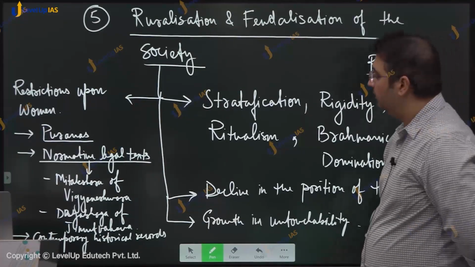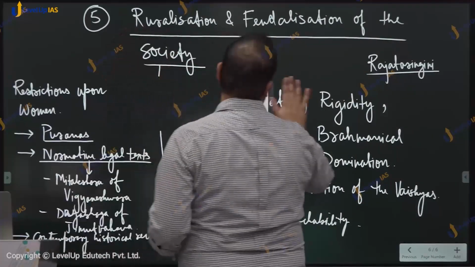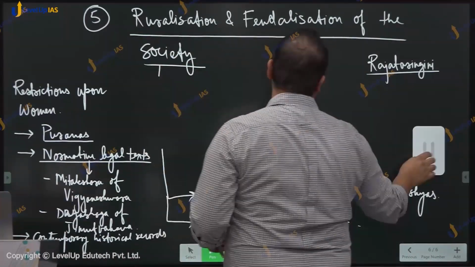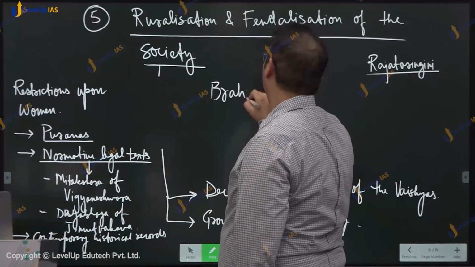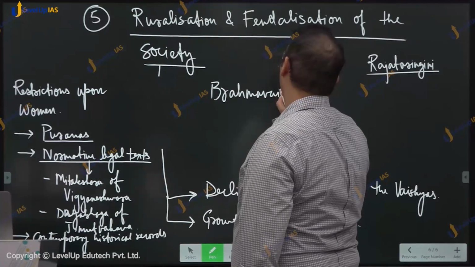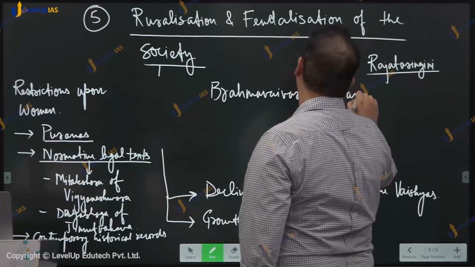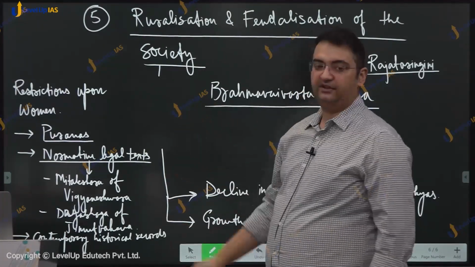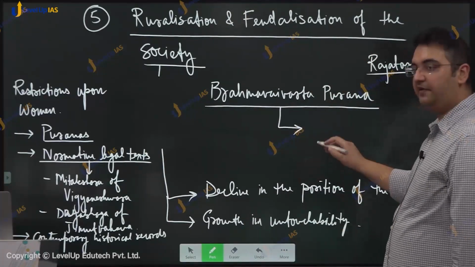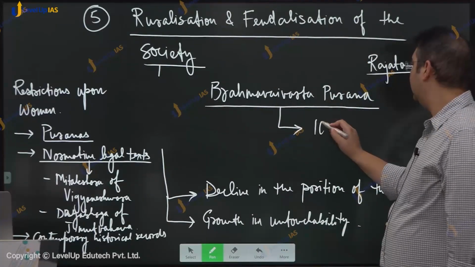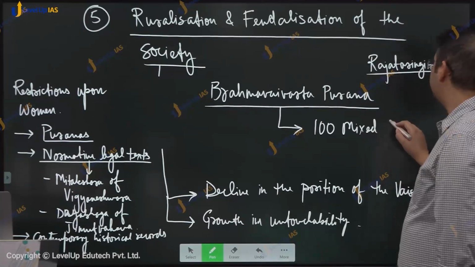ठीक है. For example, a Purana of this period known as the Brahmavaivarta Purana mentions the existence of as many as 100 mixed jatis.